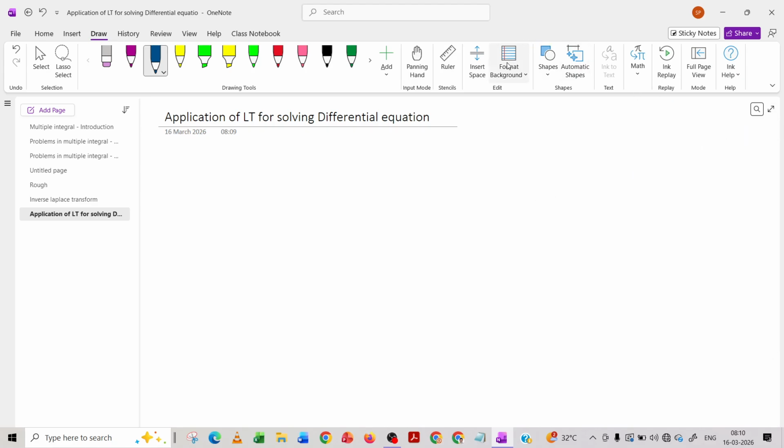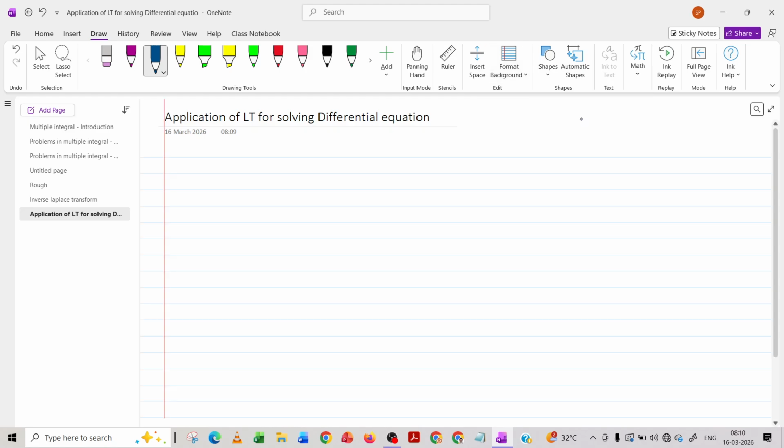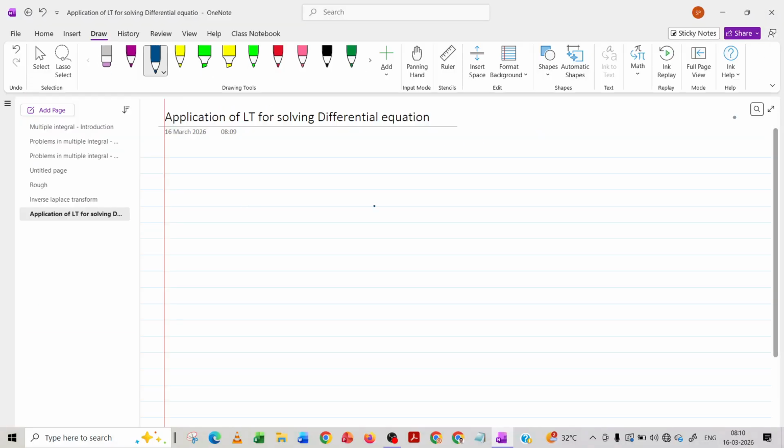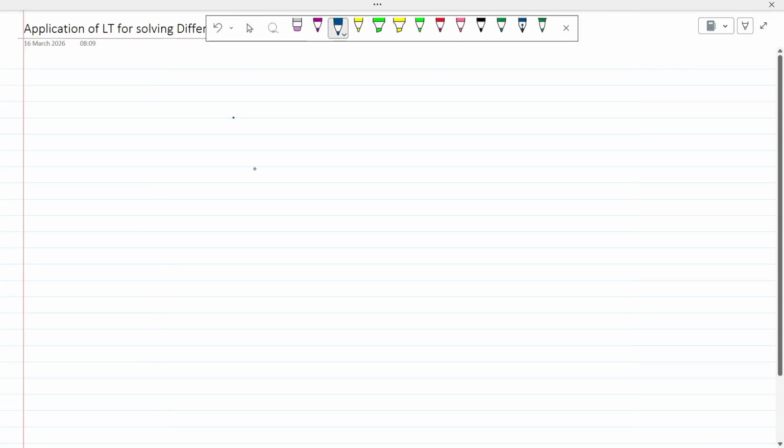Application of Laplace transform for solving differential equation.